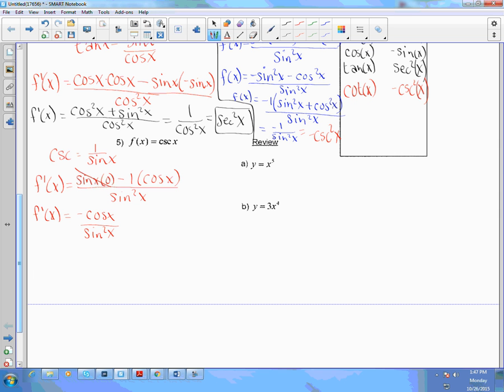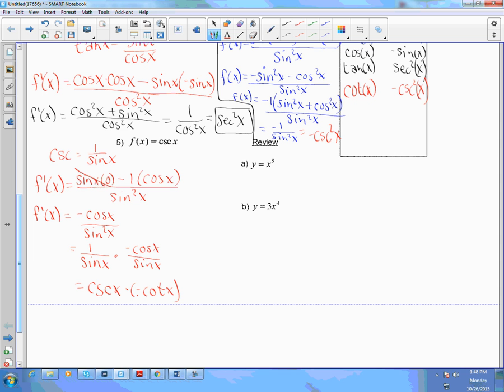Can I break this up into 1 over sine x times negative cosine x over sine x? Is that legal? Now we know this first one is a reciprocal identity, cosecant, times negative cosine over sine, which is negative cotangent of x.